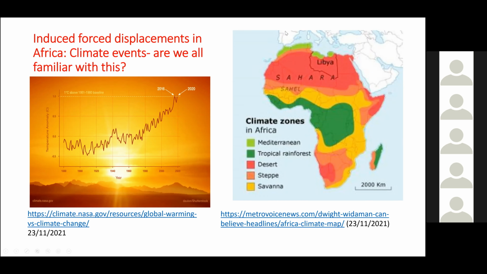Wow, there are 12 people, plus myself. Is there a volunteer who can help me to interpret this graph? We see the years, it started in 1880 up to 2020.